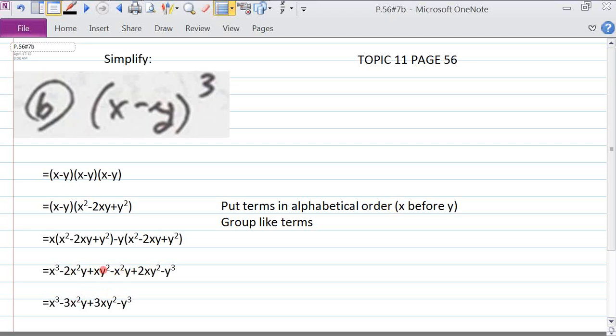And now I'm going to group the xy squared term and the 2xy squared. This has a 1 in front of it, and this is a 2, and I'm going to get 3xy squared, and the last term becomes this.